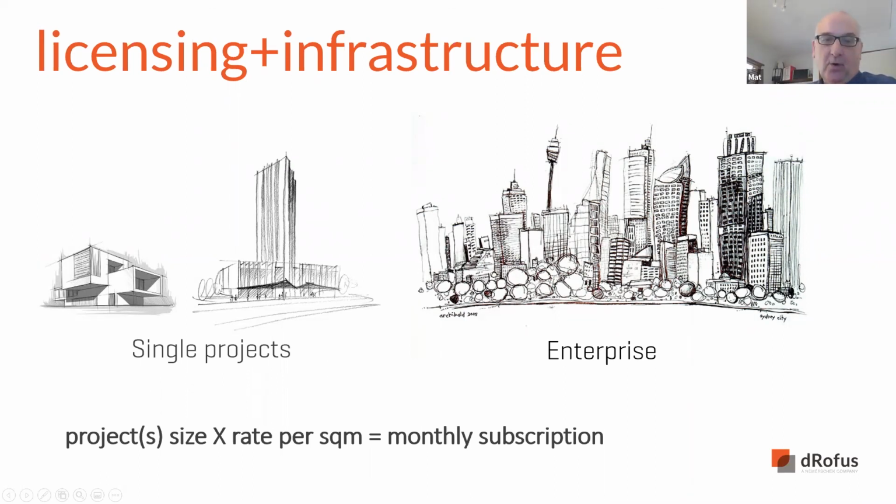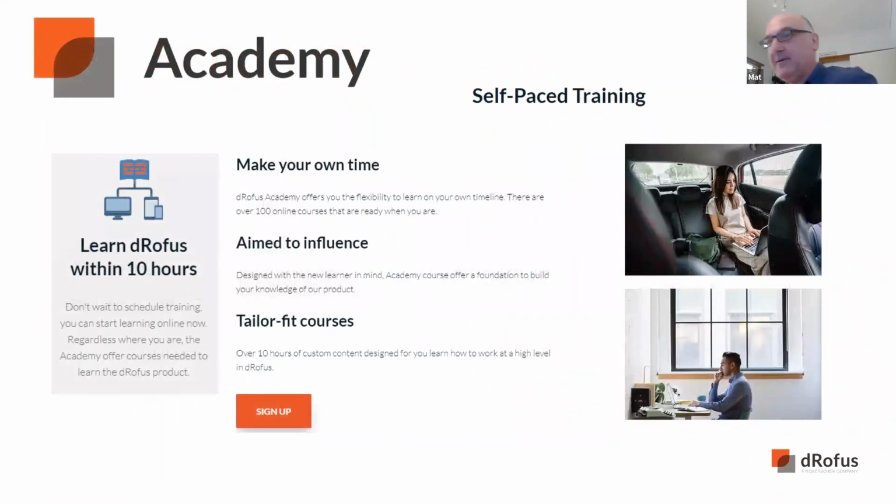And just one final thing, I know I've probably been talking too long now, but in terms of training, we do offer, like every software company, I'm sure you have this with Revit and others, and Farida provide this probably as well, general user training. But since the inception of COVID, we've realized that we need to improve our online training. So we've got what we call dRofus Academy.